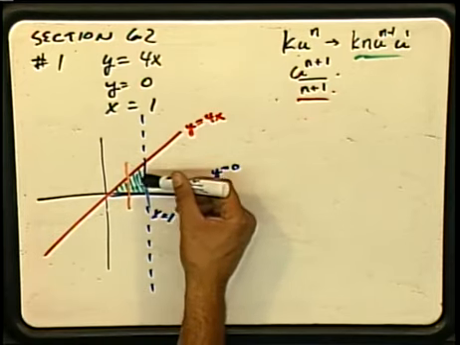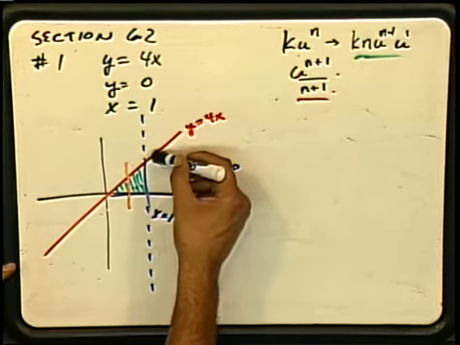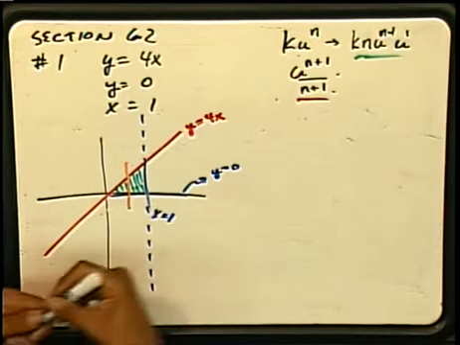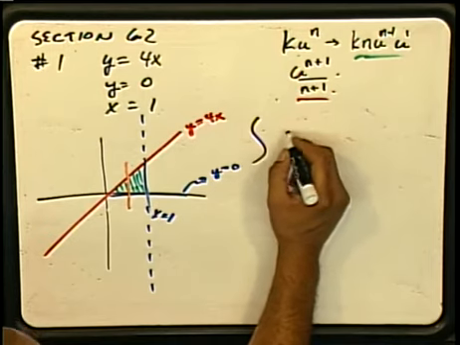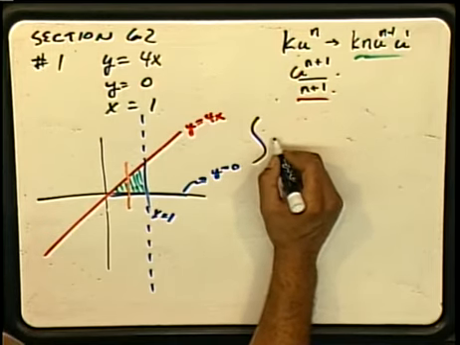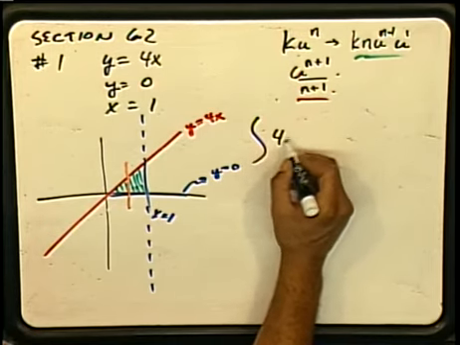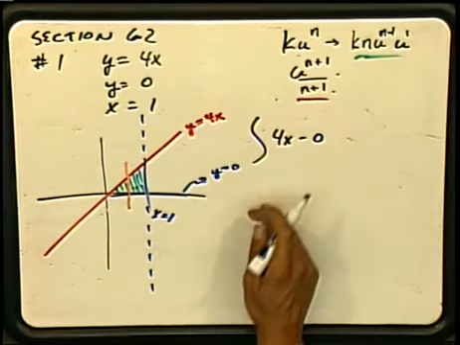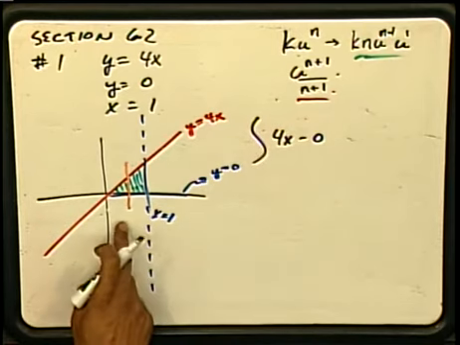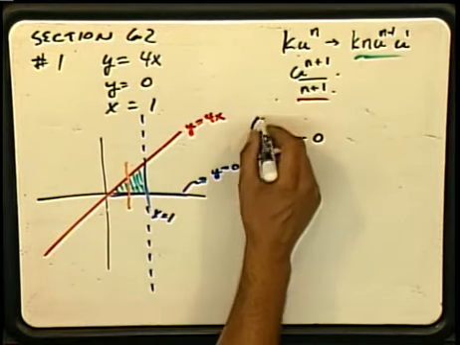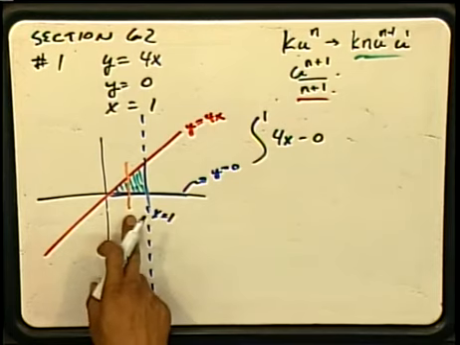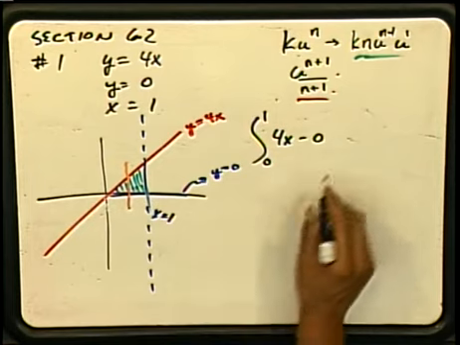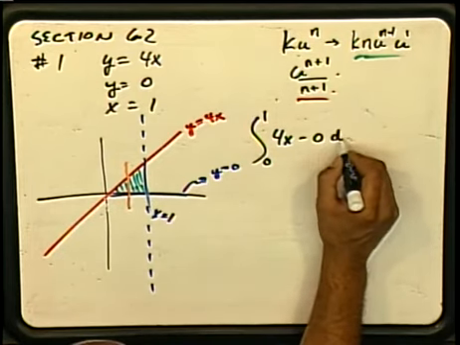You could do it by integrating the difference between the top and bottom function, y equals 4x and y equals 0. f of x minus 0, top minus the bottom, and the boundaries are x equals 0 and 1, where they intersect right here, dx.